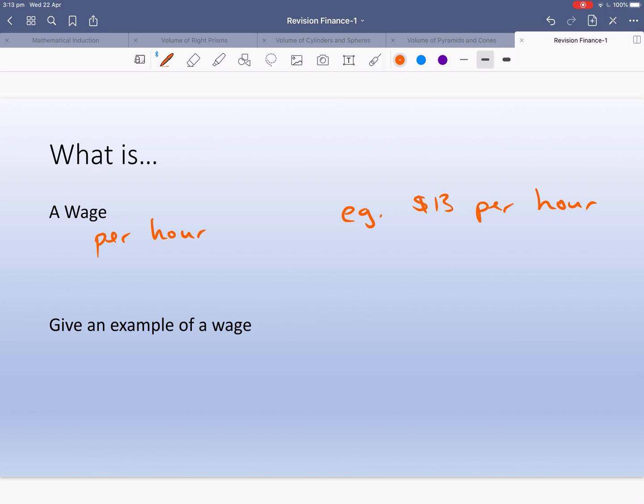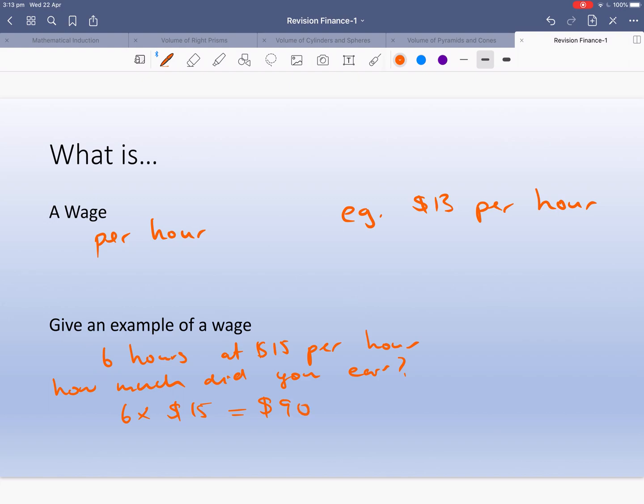So an example of a wage is, say you work 6 hours at $15 per hour. How much did you earn? Well, all you do is 6 times 15, right? And you get your answer. So you just go 6 times 15 and you get $90.